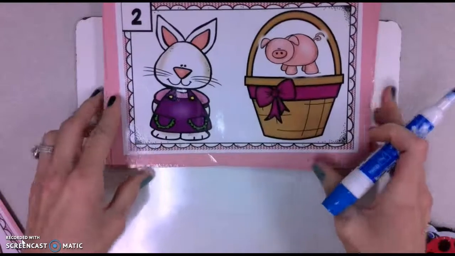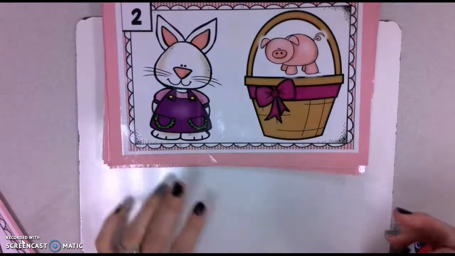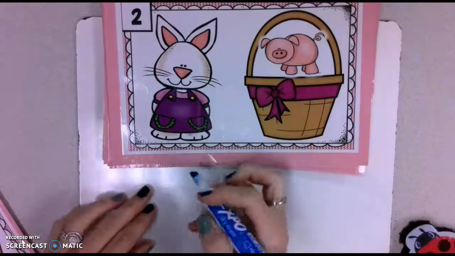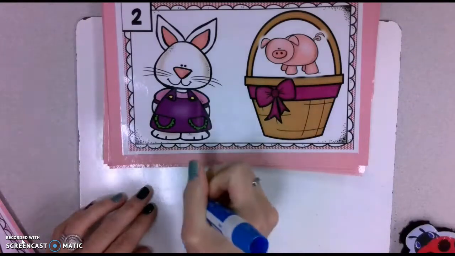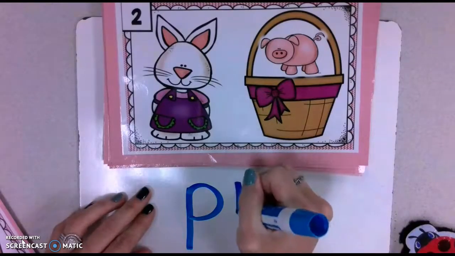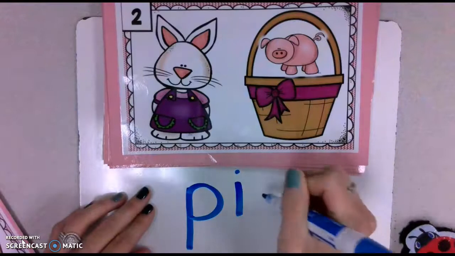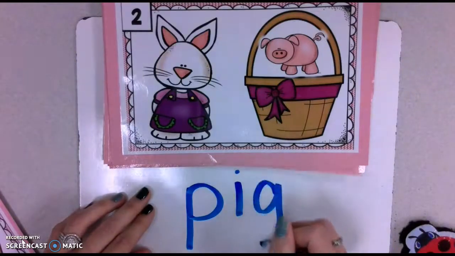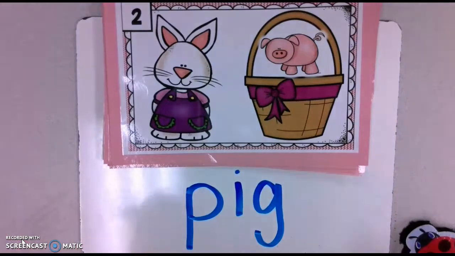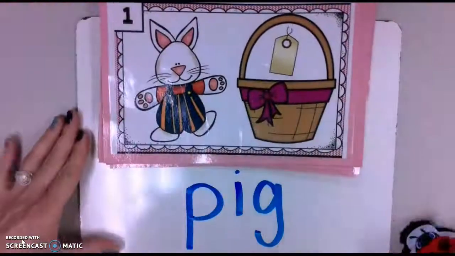This picture is a picture of a pig. All right, the beginning sound we hear in pig. I, G. Pig. Very good. And we have one more Easter CVC word.